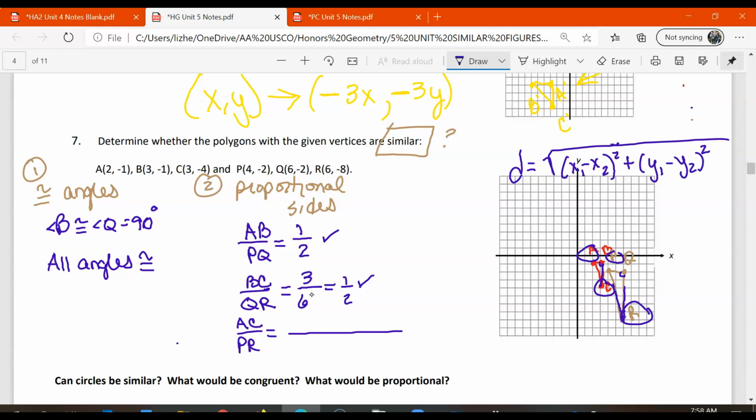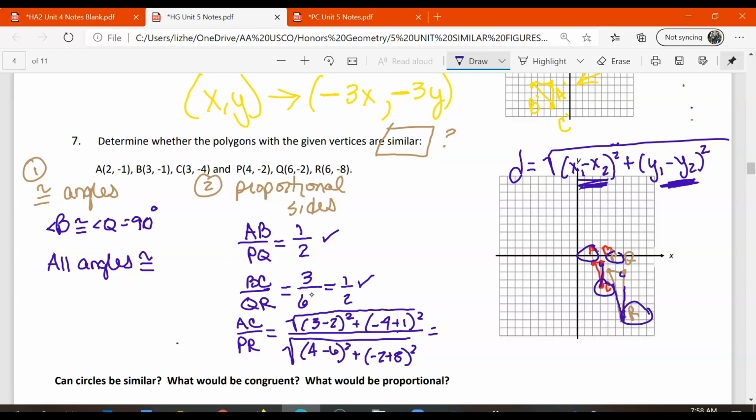I'm doing AC first: the square root of 3 minus 2 squared plus negative 4 plus 1 squared. All I'm doing is subtracting my x values for A and C and my y values for A and C. Then for PR, I'm going to do the same thing with P and R: 4 minus 6 squared plus negative 2 plus 8 squared.